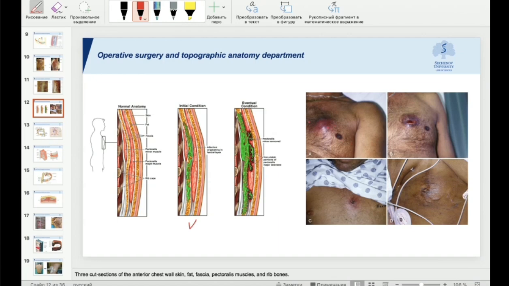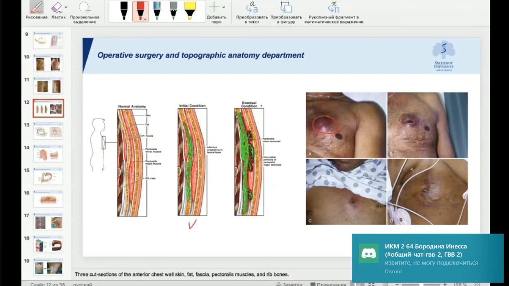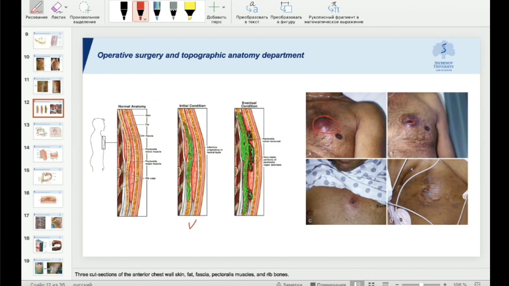According to the presentation at the right side of the screen, you can easily predict in which area that patient had the initial process. Look here. Where did he have this process, in which layer?